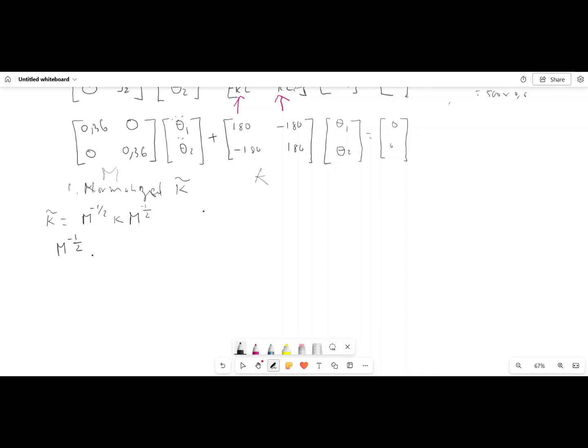It's simply the inverse root, which is what they mean. It is simply a matrix of 1 over the root of m1, 0, 0, and 1 over the root of m2.